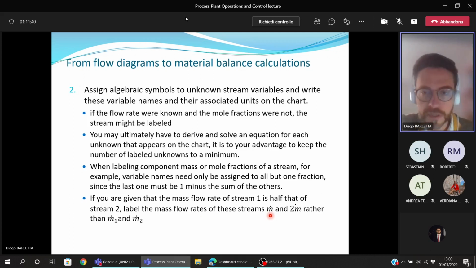So m dot for stream number 1 and 2 m dot for stream number 2.